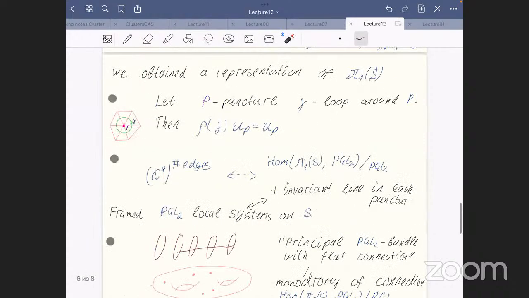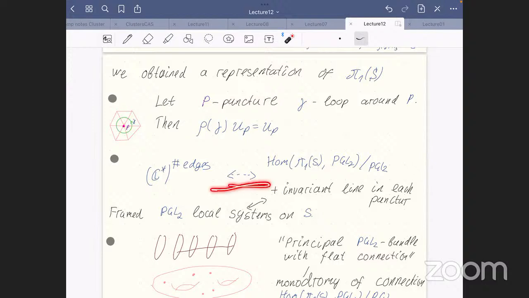So in principle, this is just more like illustration. Here I try to explain that I constructed maps in both directions. If I know the edge weights, I can construct the homomorphism, and in the opposite direction, if I know these invariant lines and homomorphisms, then I can construct this map U on the universal cover and construct the edge weights.